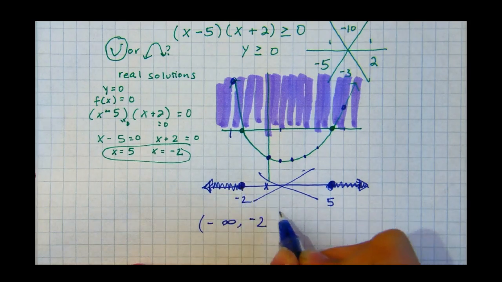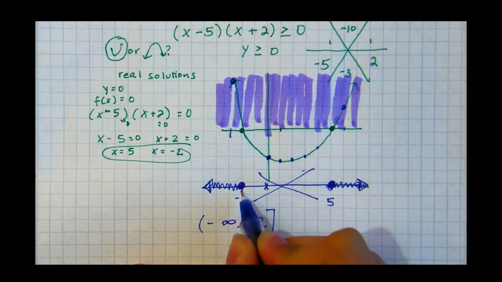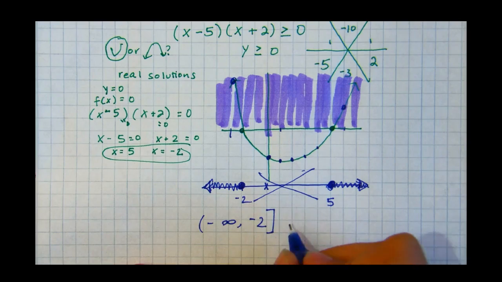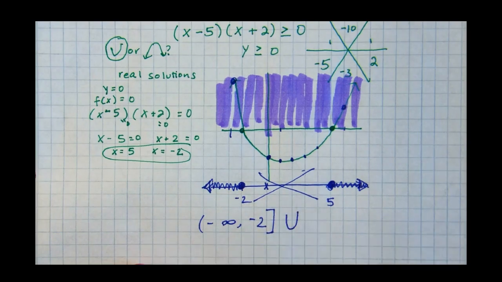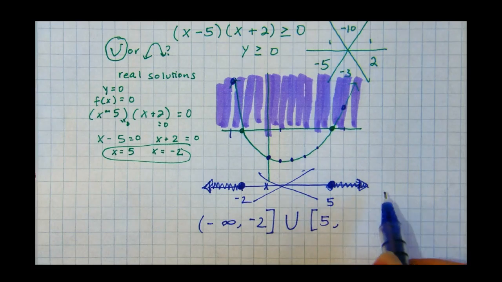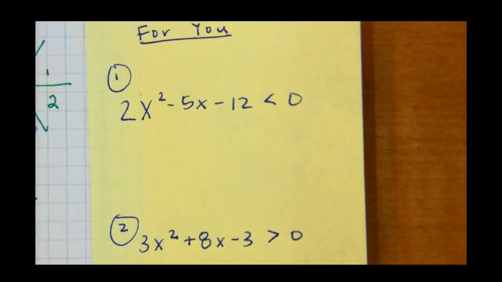Negative 2 gets a bracket because it is included. Then there's this break where I don't have any solutions. I'm going to put a U where I have that break. My solutions start up again at 5. 5 gets a bracket. And I'm going to infinity. Infinity gets a parentheses.